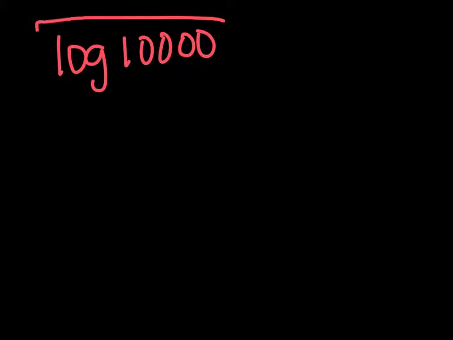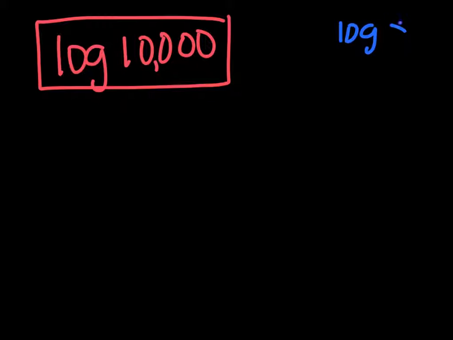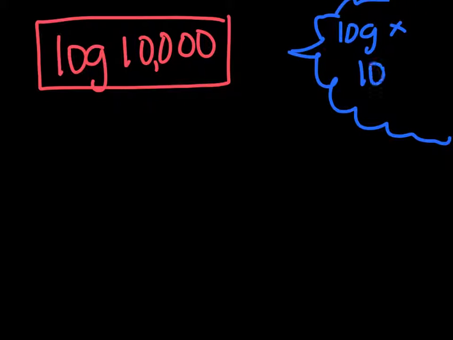Okay, if I have log of 10,000, one other thing that you may remember from Algebra 2 is that if you have log of x, that means log base 10. It's off of a base 10 counting system.